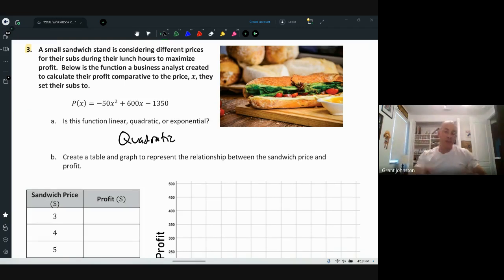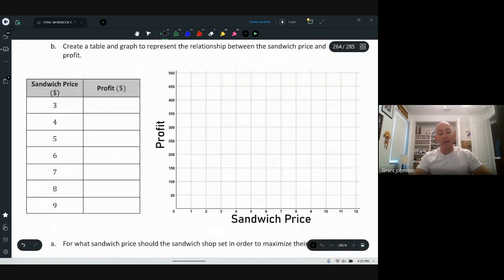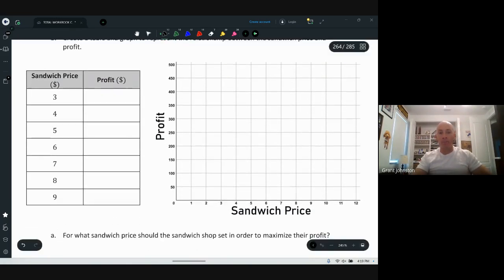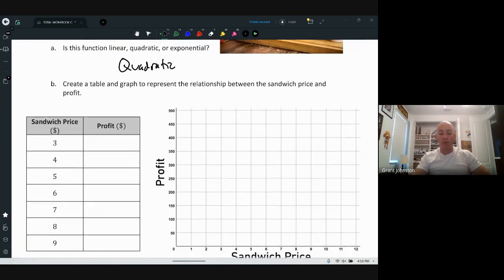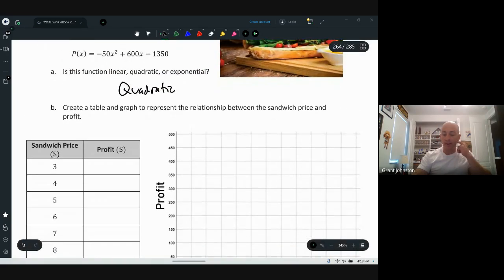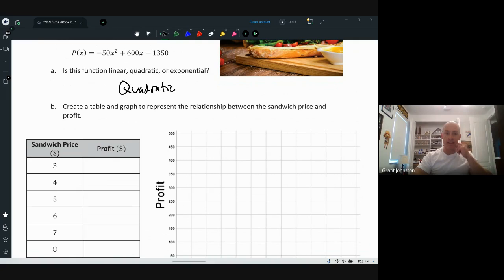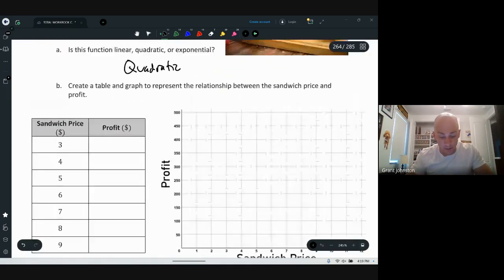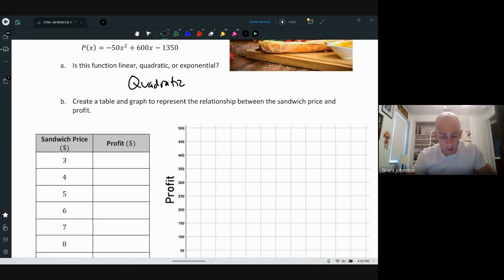So this is kind of a pain to make the table because we're going to have to plug in all of those sandwich prices for X, because X is the sandwich price. So let's substitute 3 in first. There's not a lot of room to do this, so I'm just going to try to squeeze it in where I can.